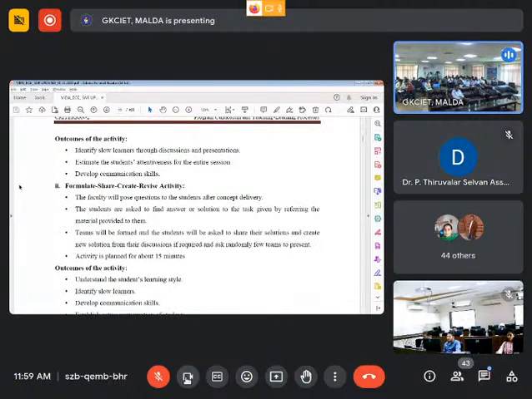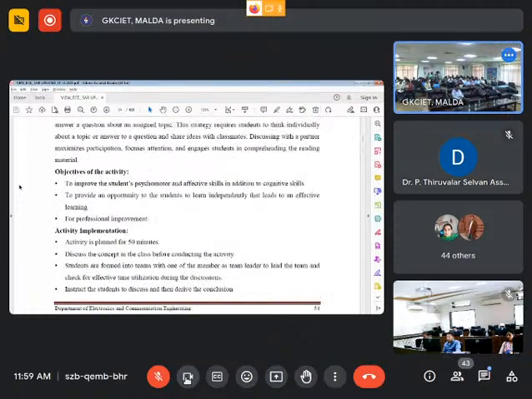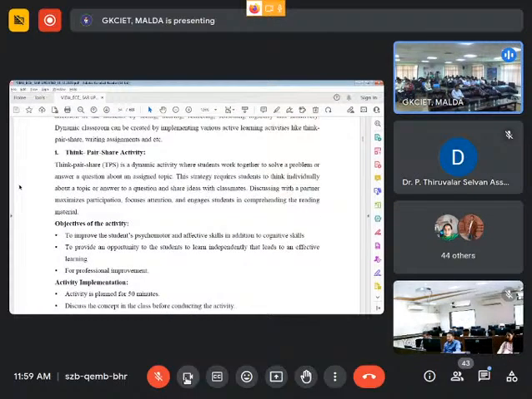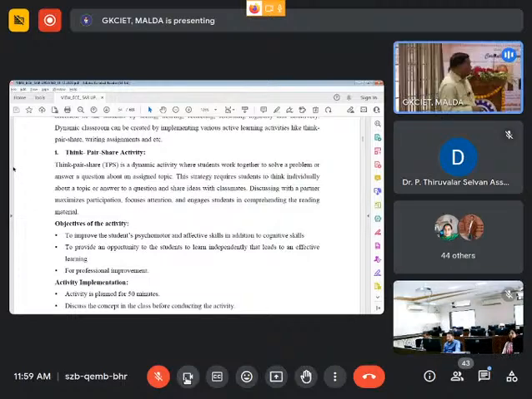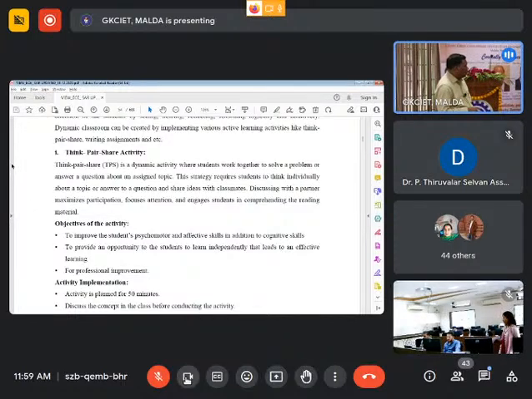Wait, one interesting thing, come down a little. A think pair approach is there. Mark this. The think pair share activity is a dynamic activity where students work together to solve a problem or answer a question about an assignment topic.